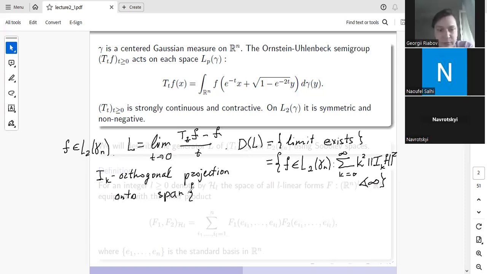I will denote them as h_j1 times h_jn. This means that h_j1 is taken from x1 and so on, h_jn is taken from xn, and we take the product. And j1, ..., jn are such that their sum is equal to k.